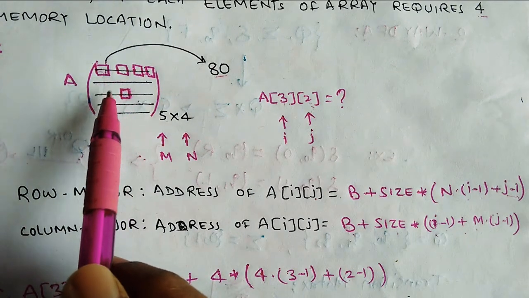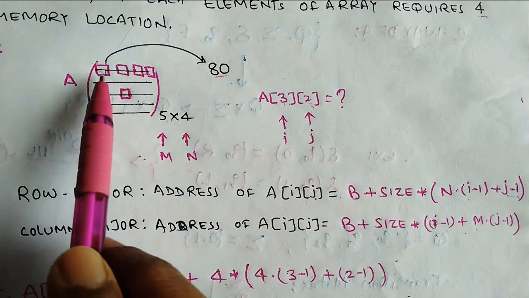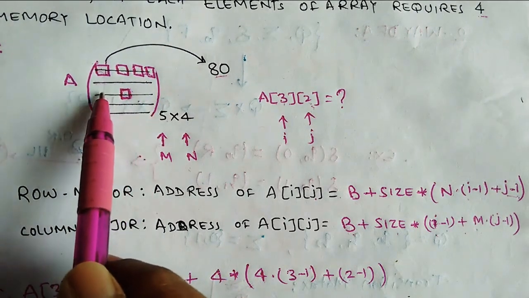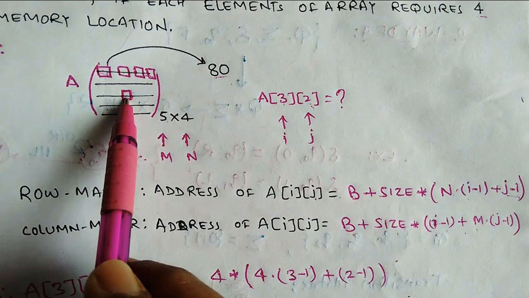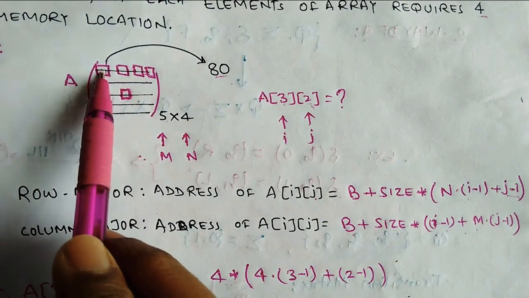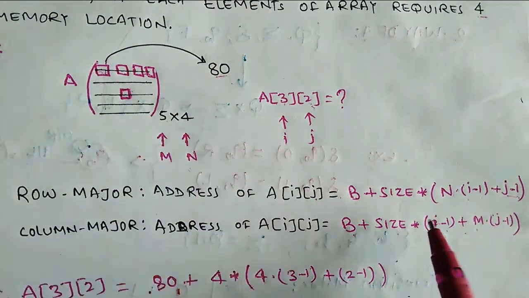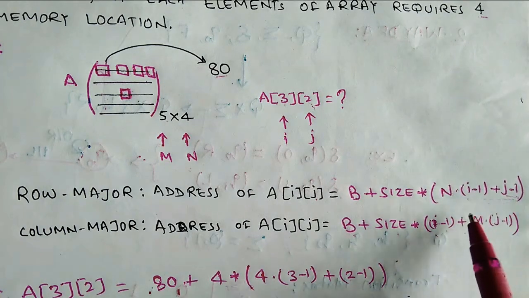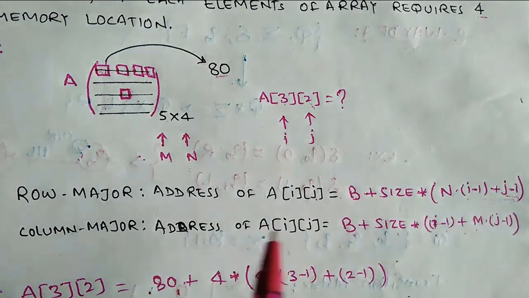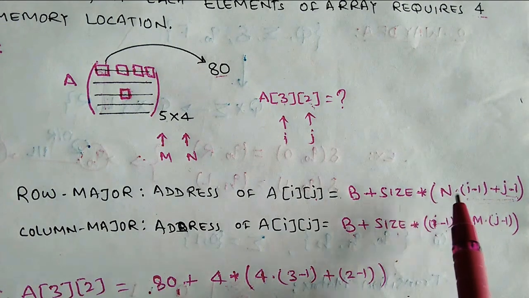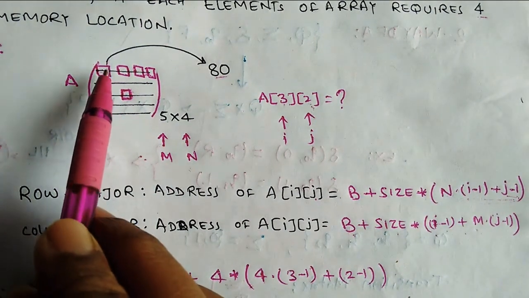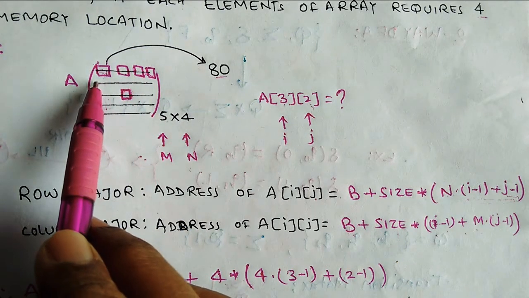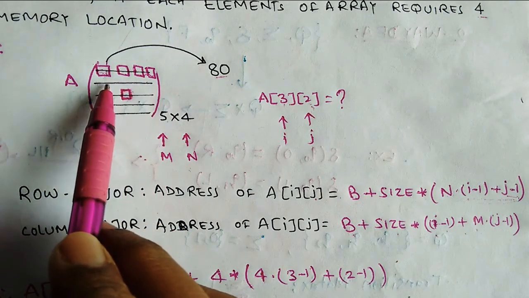So what will be the address? The total number of locations before it is 1, 2, 3, 4 and another 4, 8, and 9. So after the 9th element this element is coming, and the address of the first element is given as 80. We are calculating these slots using this part. So this is the row major. What we have done here: n represents the columns. In the first row you are accessing all the n elements, in the second row you are accessing all the n elements.